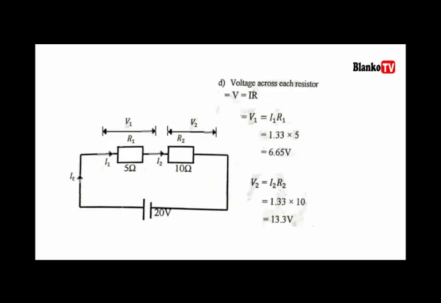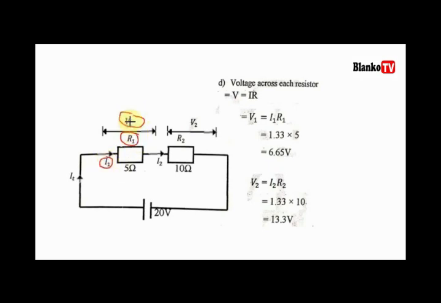The next one says we should calculate the voltage across each resistor. By Ohm's law, voltage is equal to IR, that is current times resistance. To get V1, we multiply I1 by R1.